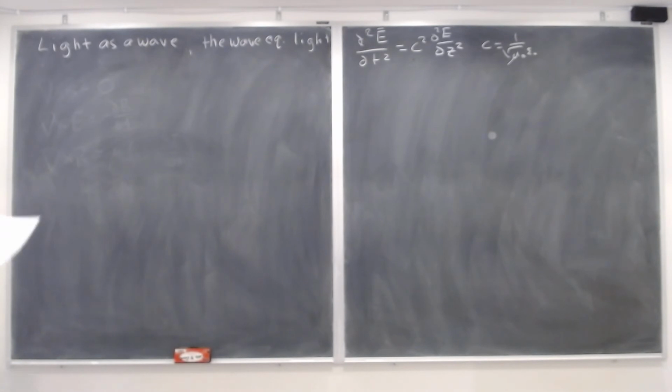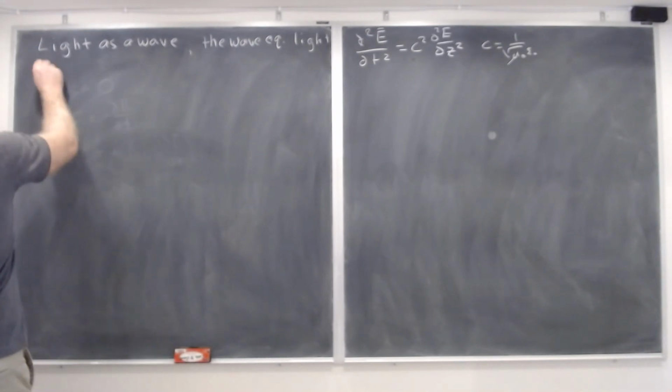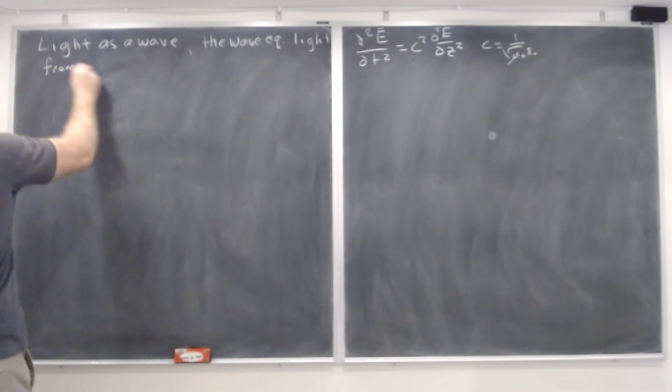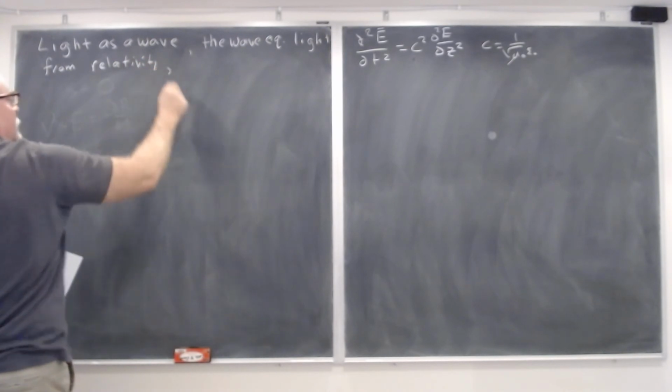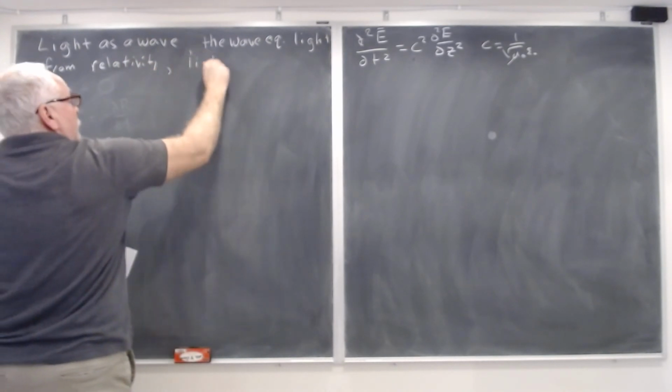The next thing we showed from relativity is that light is also a particle.